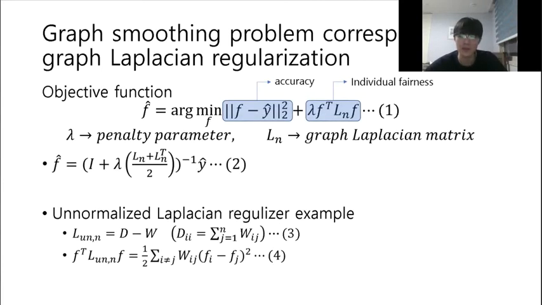For graph smoothing, this paper selects an objective function that satisfies equation 1. Lambda is the penalty parameter and Ln is the graph Laplacian matrix. The first box keeps the output close to the original output, and the second box makes the objective function individually fair.